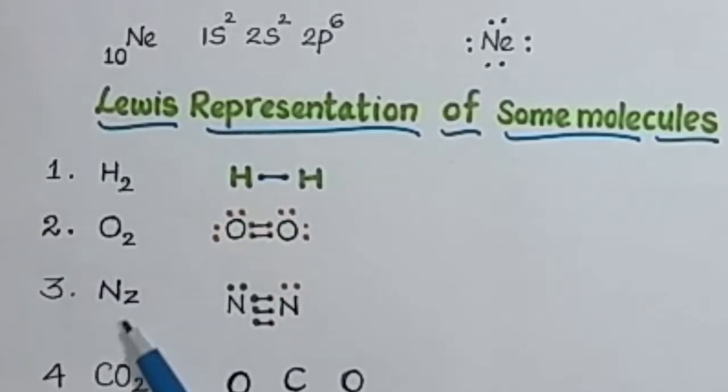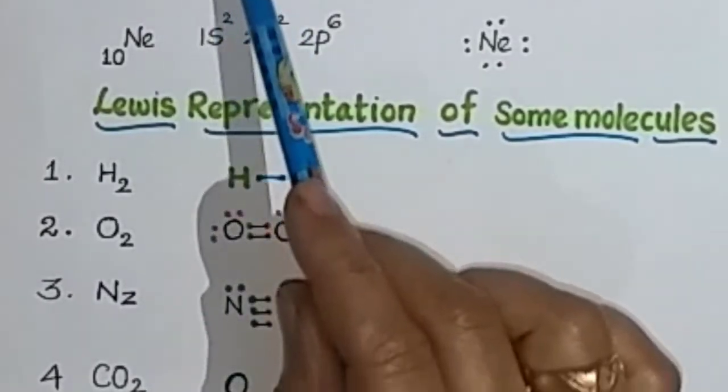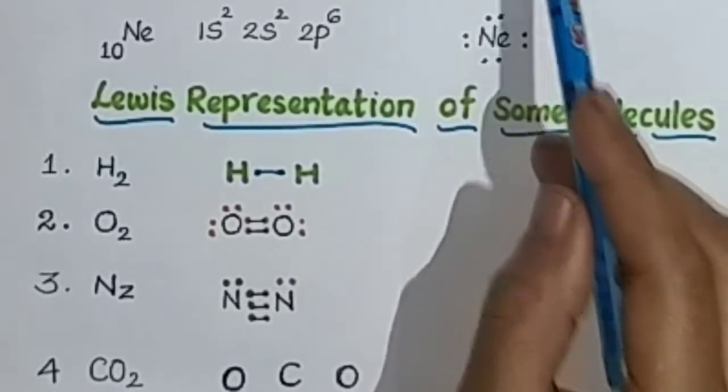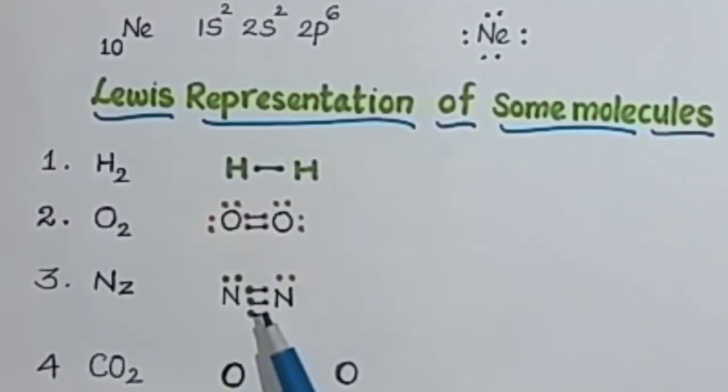In the nitrogen molecule, the valence electrons are 5, 5 dots. One nitrogen needs 3 more electrons to complete its octet. So one atom shares 3 electrons with the neighboring nitrogen atom to form a nitrogen-nitrogen triple bond.